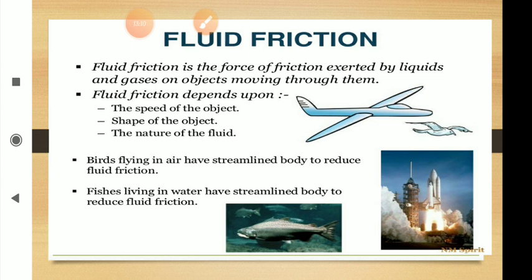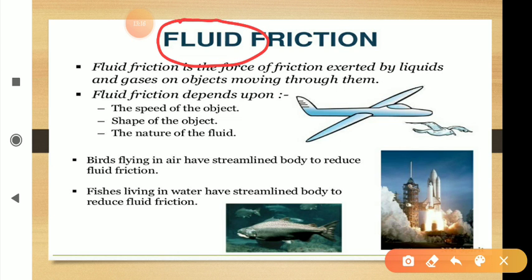Next, lastly, we will discuss fluid friction. Now, what is a fluid? A fluid is something which can flow. We are aware that water as well as air can flow. So while describing a fluid, we must be aware that liquids as well as gases come under the category of fluids.